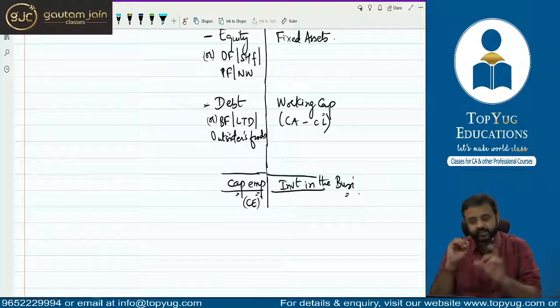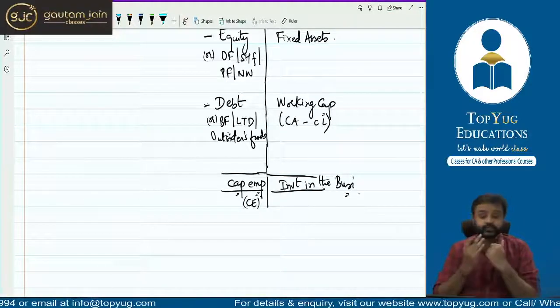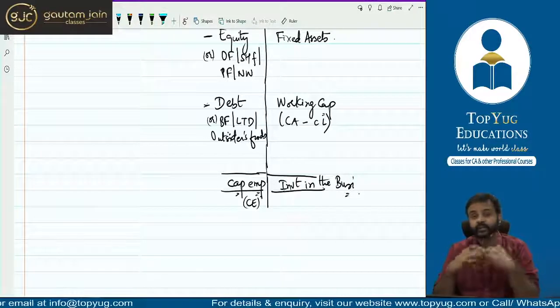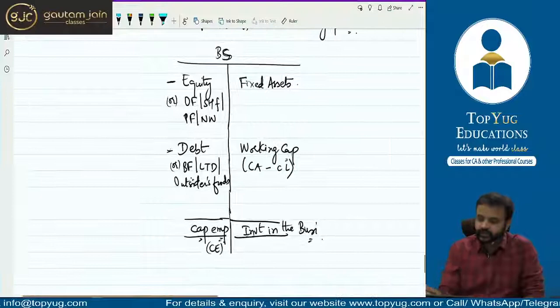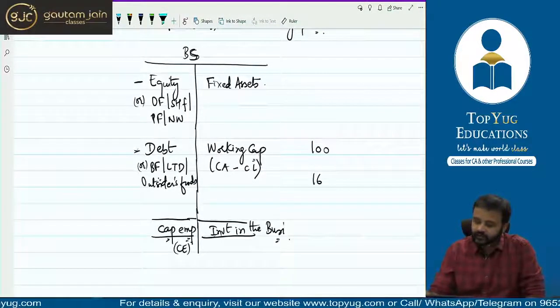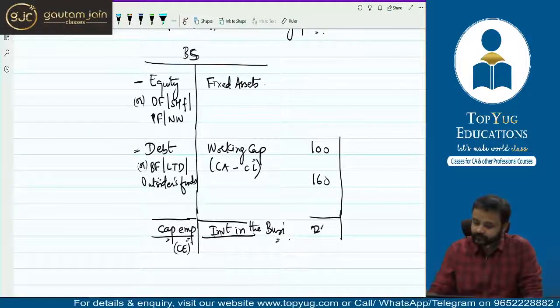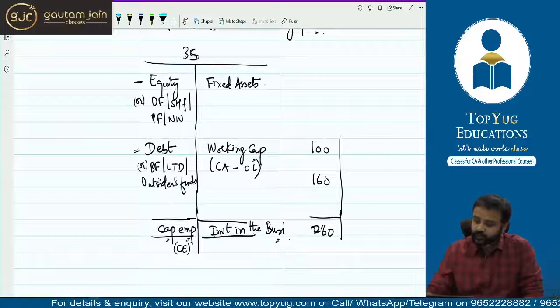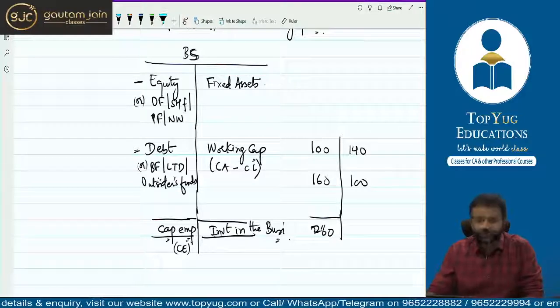Now the question comes, is capital employed always the same as investment in the business? Sometimes there is a possibility that we may get more amount. If we take an example, let's say 100 rupees is equity, 160 rupees is debt, so total capital employed is 260, whereas the fixed assets is 140 and 100 is the working capital.